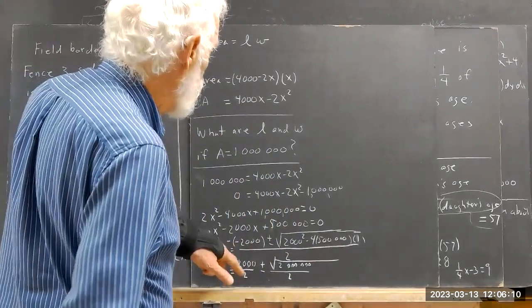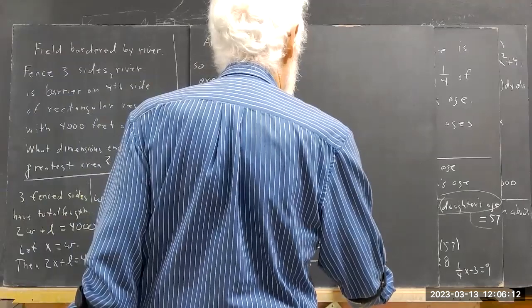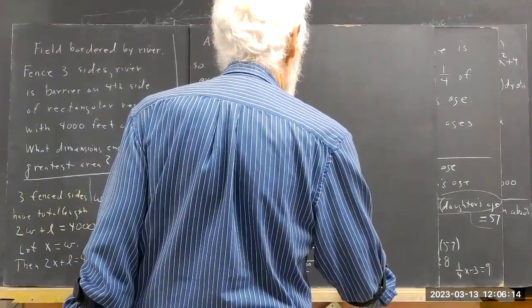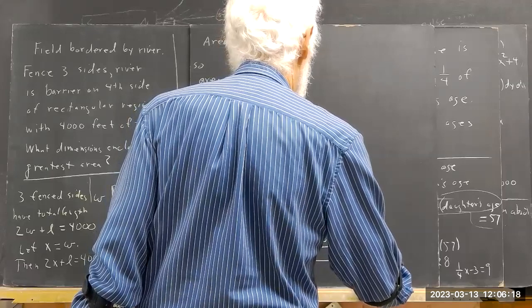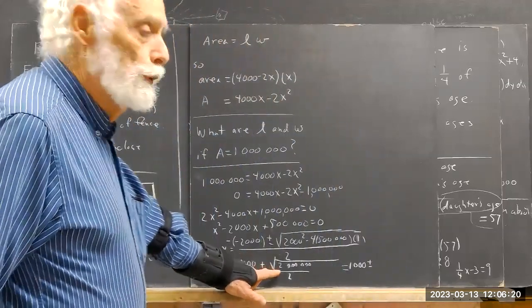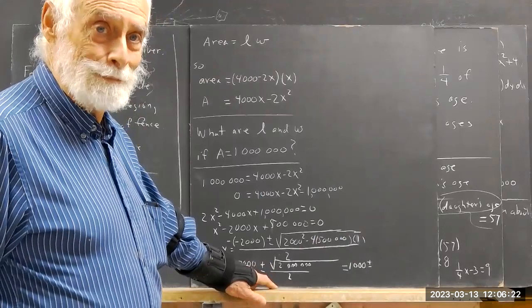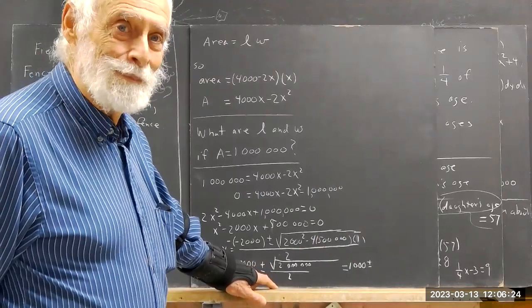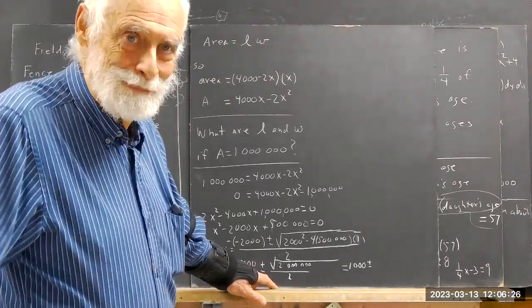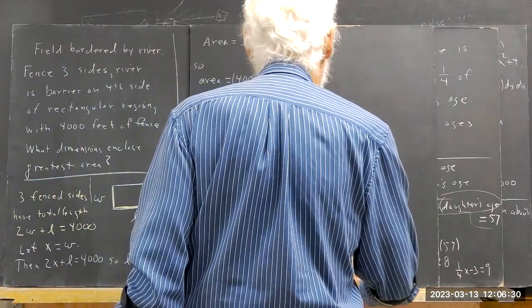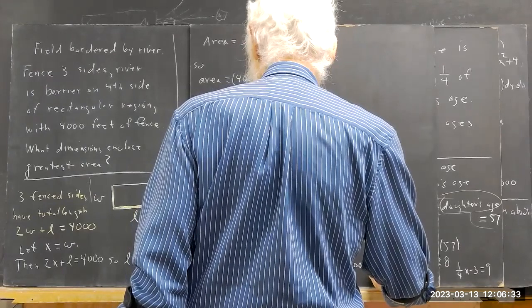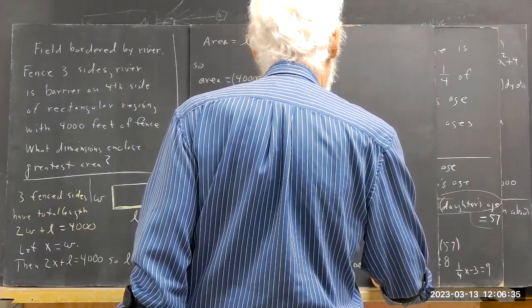Okay, 2,000 over 2 is 1,000. And the square root of 2 million is like 1,414, then some more decimals. So approximate this, but it's going to be about 707.